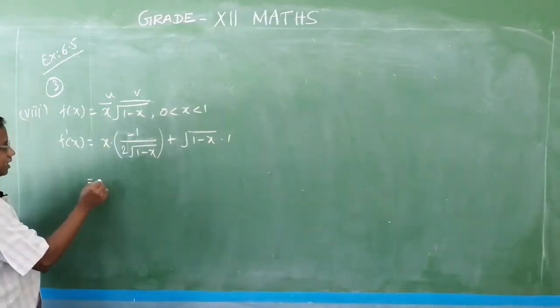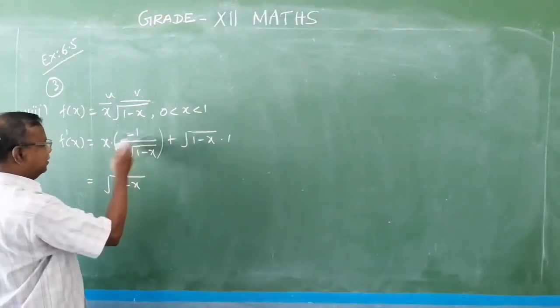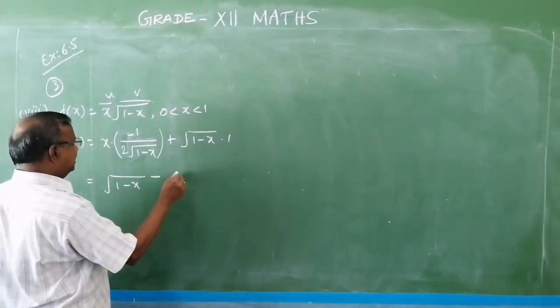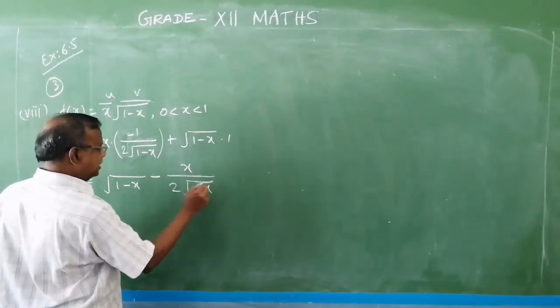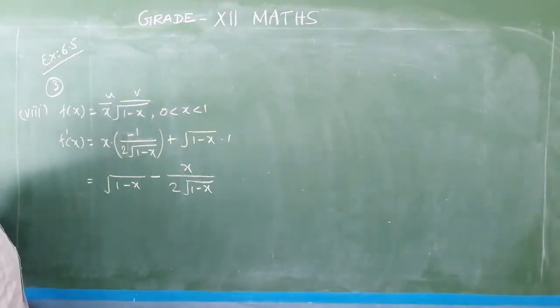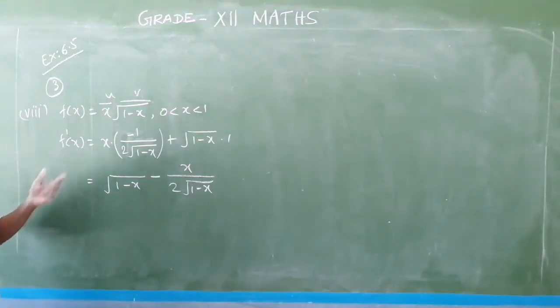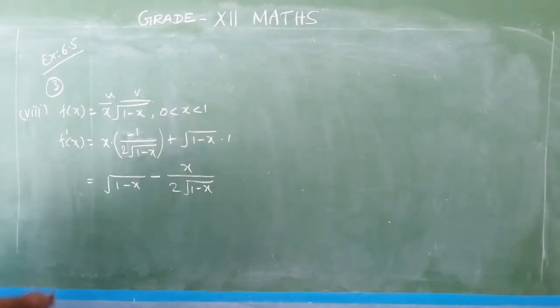So this can be written as root of 1 minus x. The negative quantity I am taking to the right, so minus x by 2 into root of 1 minus x. So we have to simplify to find for what values of x f dash of x equal to 0.